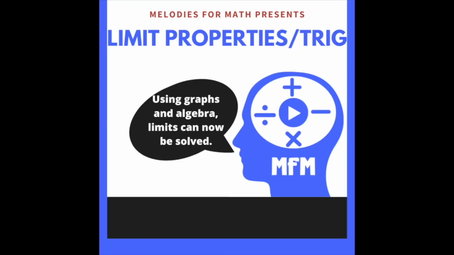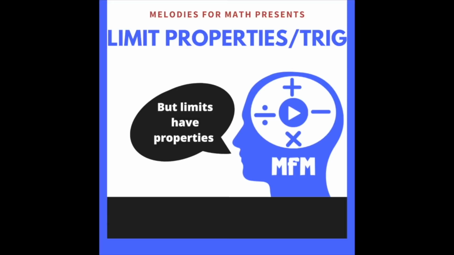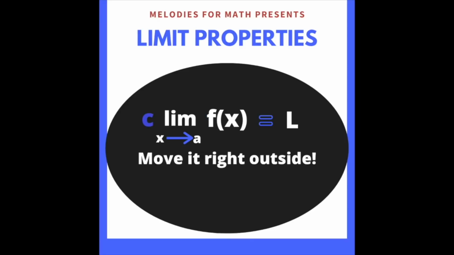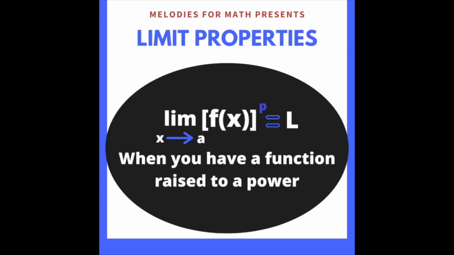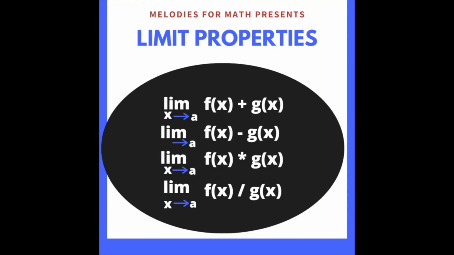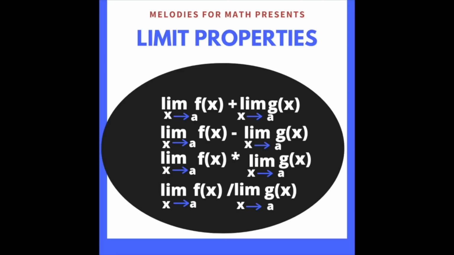Using graphs and algebra, limits can all be solved, but limits have properties that make solving them less hard. When you have a coefficient within a limit, move it right outside. When you have a function raised to a power, put the whole limit inside. When you add, subtract, divide and multiply, distribute the limit to all functions that are supplied.